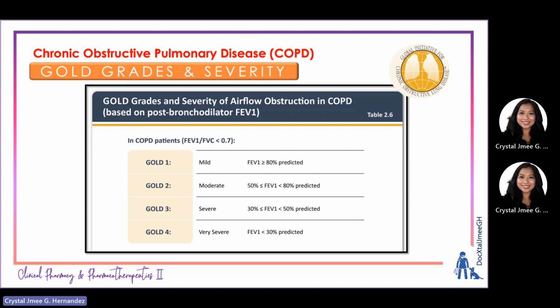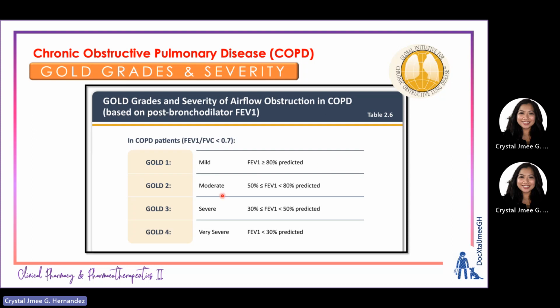So in COPD patients, if the ratio of forced expiratory volume to forced vital capacity is less than 0.7, the categories are: GOLD 1, mild, if the forced expiratory volume is equal to or more than 80% as predicted, as I've mentioned in the earlier slides.